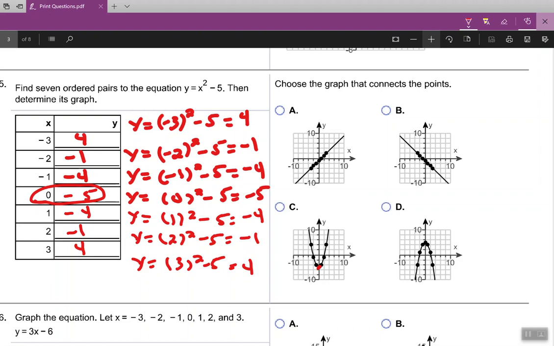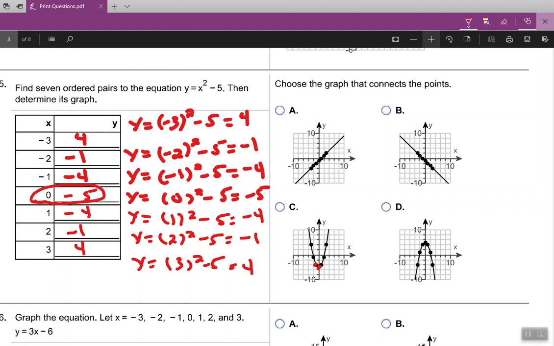Now be careful here. If you look at your coordinate plane, we're actually counting by twos on each unit. 2, 4, 6, 8, 10. So when I look at -1, -4, I'm going in between the origin and that next tick mark. I'm going down here.